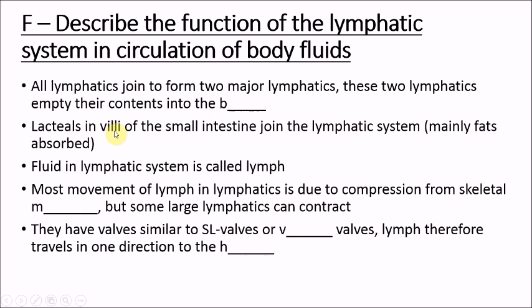Lacteals in the villi of the small intestine join the lymphatic system, and they basically get fats and other substances from the small intestines, put them into the lymphatic system for transport around the body. You call the fluid lymph, and most movement of lymph is due to compression of skeletal muscles.